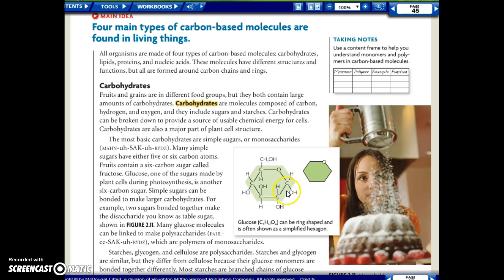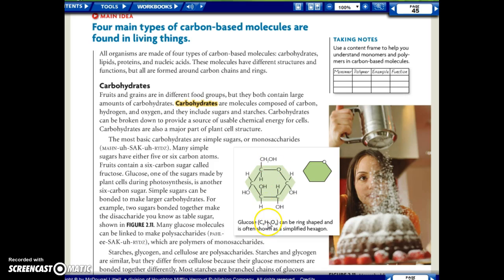Let's look at those carbons. There's 1, 2, 3, 4, 5, 6 carbons in this single molecule of glucose, which is C6H12O6. We just counted the 6 carbons. Let's check out the hydrogens. 1, 2, 3, 4, 5, 6, 7, 8, 9, 10, 11, because there's that little 2 there, and 12.